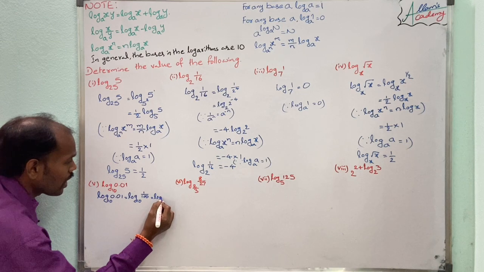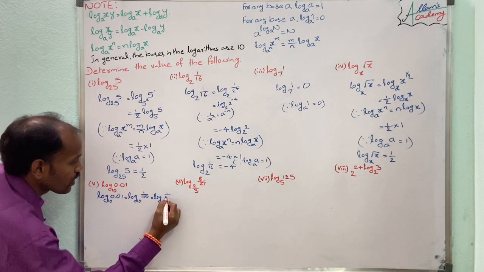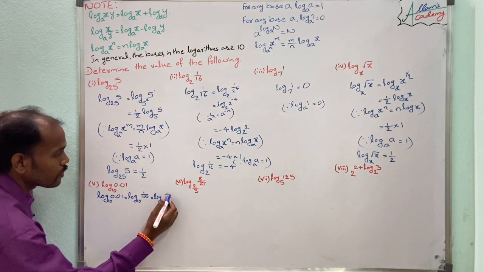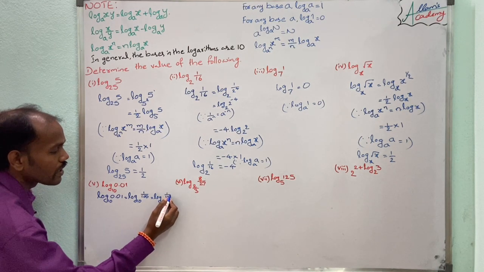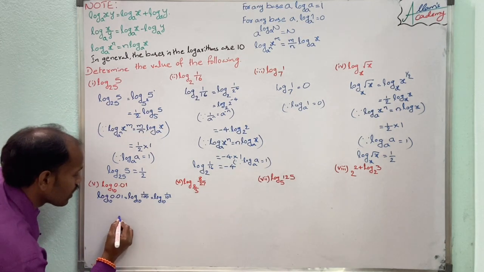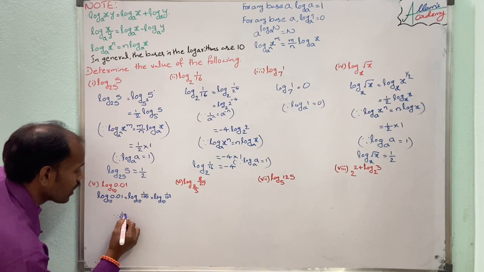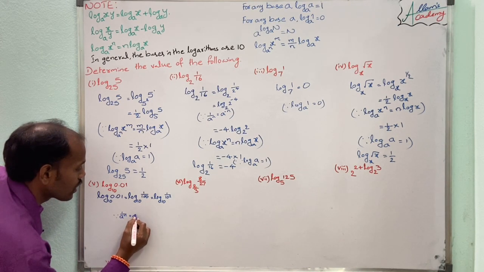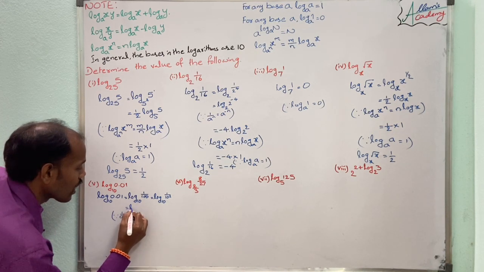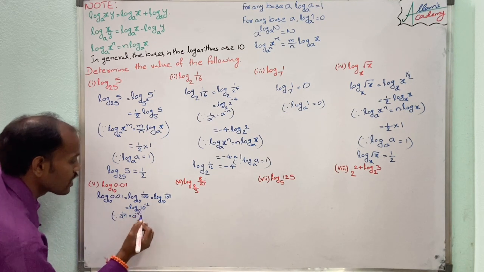Now 100 can be expressed as 10 power 2, so log 1 by 10 square base 10. Now it is in the form of 1 by a power n, that is nothing but a power minus n. So now we will write log 10 power minus 2 base 10.